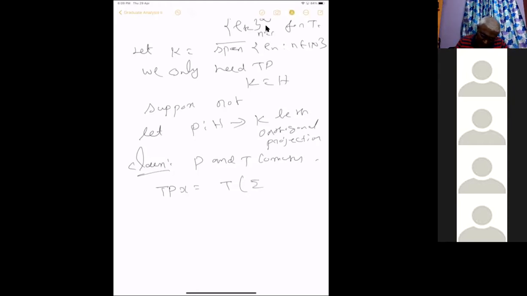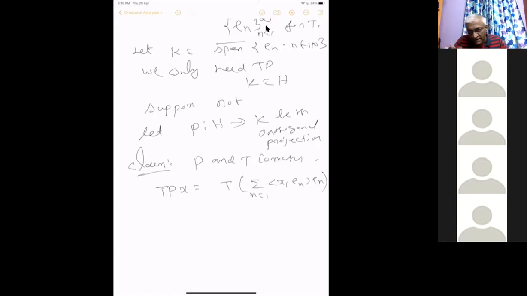So that is just the summation of the inner product of x with e_k times e_k, k equal to 1 to infinity, or you can put N. You have an x which you can write as something in the space K and something in the orthogonal complement.